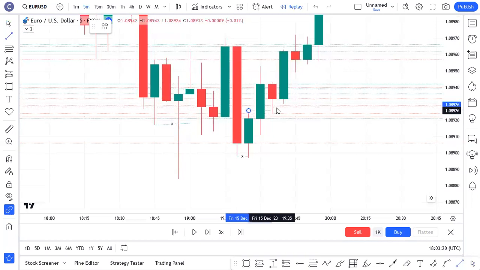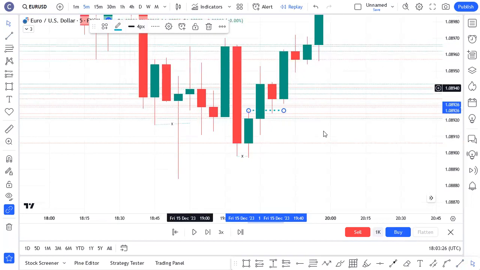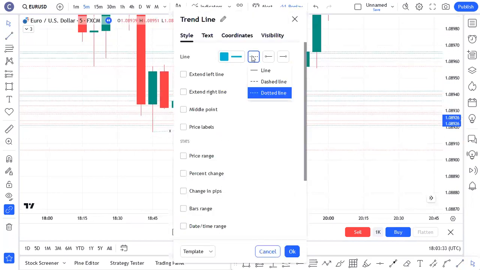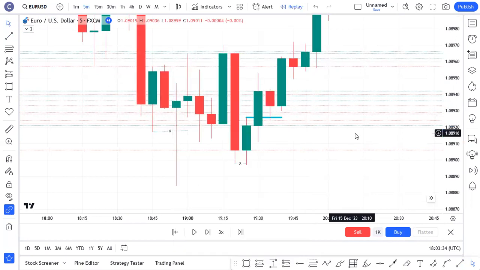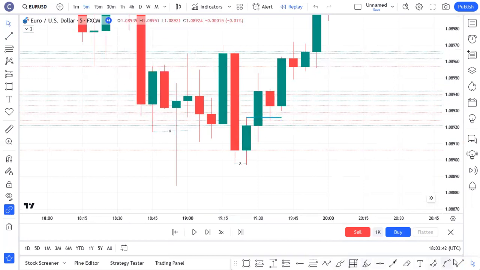This is the first candle that swept that low. That's the candle, right? I want it to be a closed candle. That's the low, these two. All right, then the low is this one.